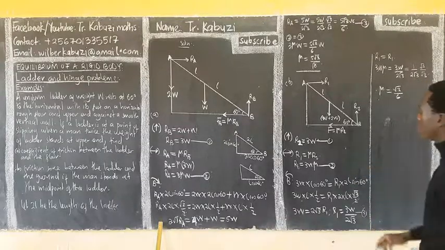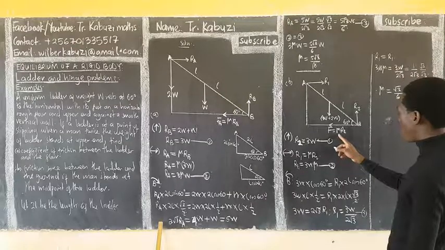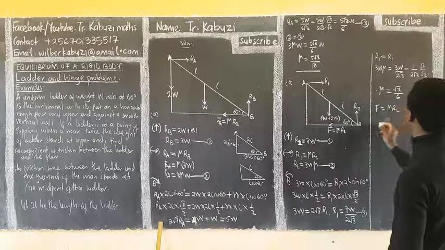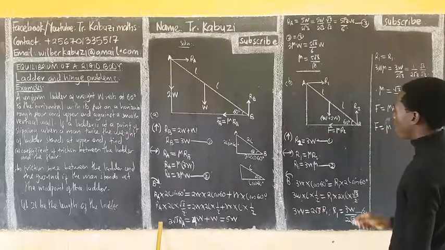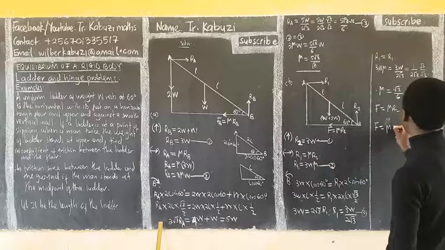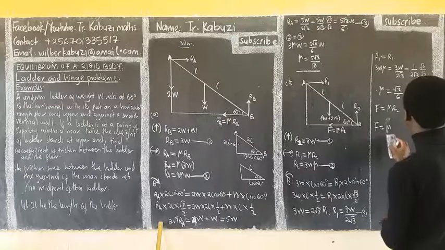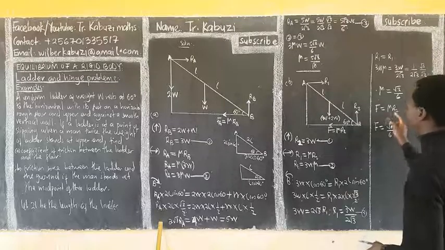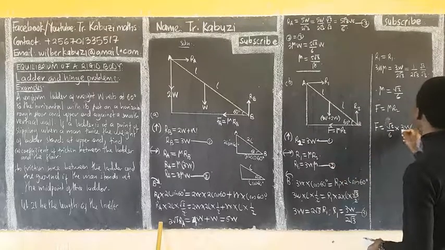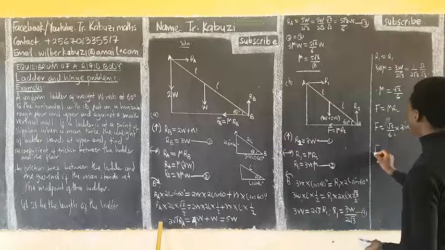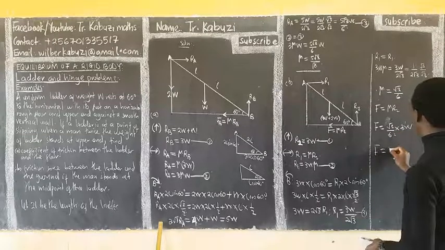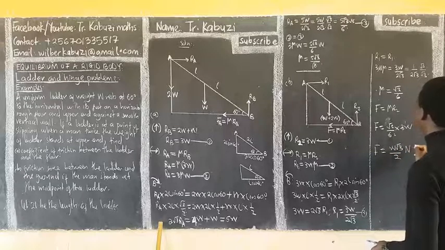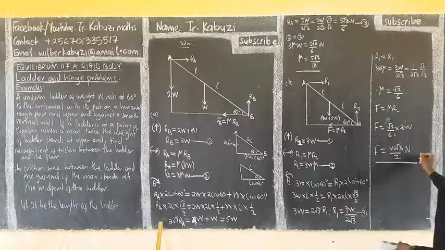If we have that, then we can come here and we get our F. Remember, we are interested in F. So our F is mu R2, where my R2 is 3W, and my mu is known as root 3 over 6 now, times 3W. This one by this 2, so my F is going to be W root 3 over 2, and it's going to be in newtons. That's how I'm getting my friction force.